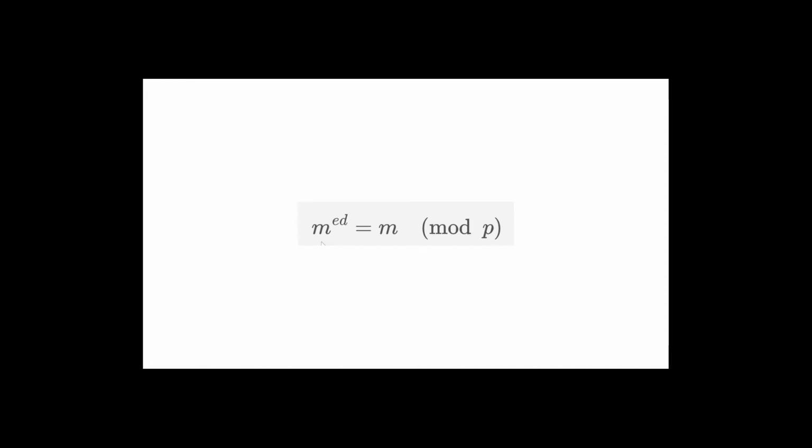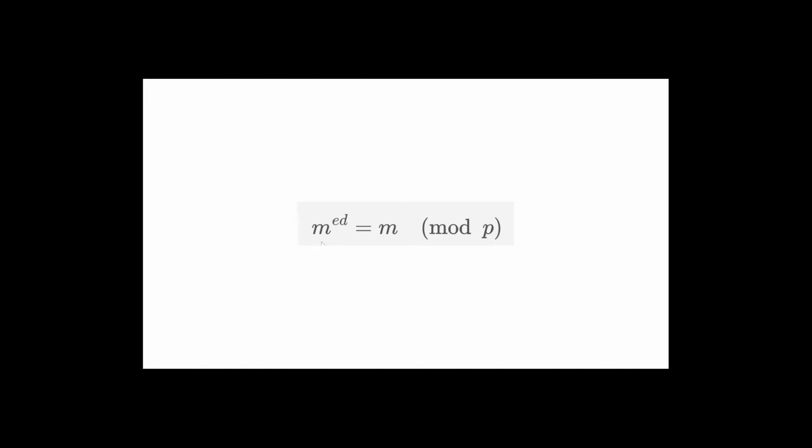It's very intuitive, but you can always write it out if you're more comfortable with that. So we just need to prove now that m power ed equals m modulo p, because since p and q play exactly the same role, they are symmetrical, we would also have the same result with q, just using the same proof.